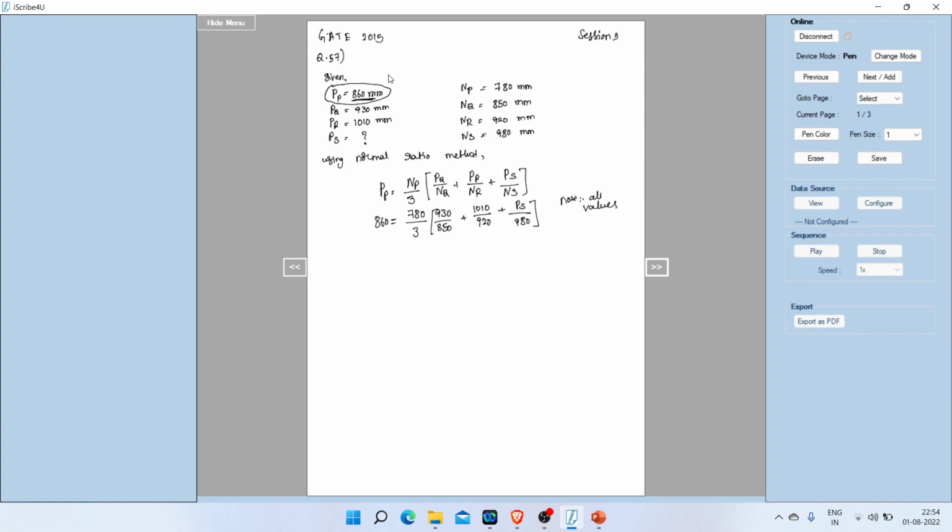Reshuffling the terms and solving, we get 1063.2 mm. I hope you have understood this question.